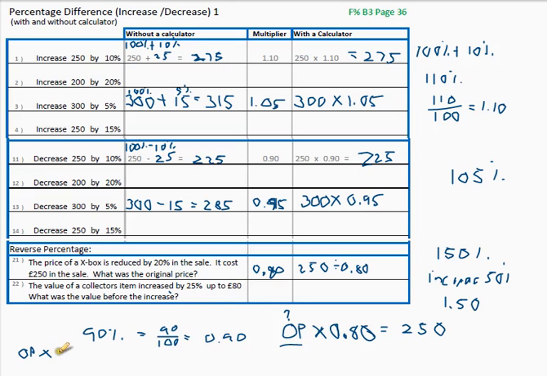Divided by 100 is 1.25, and that's my multiplier. And the original times that will give me the new price of 80. So we have to work out the original, in other words, 80 divided by 1.25. Okay, pause the video and check if you can do all of this.